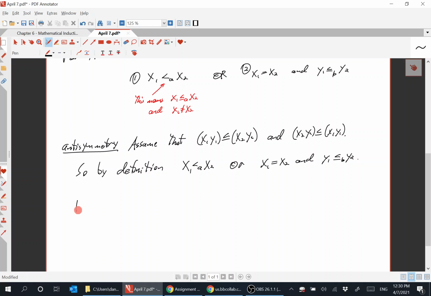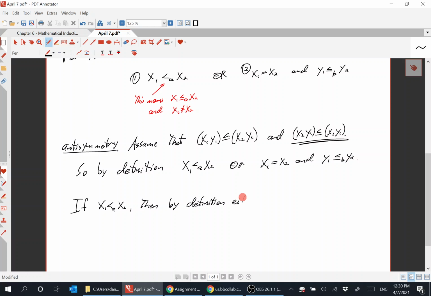Well, if x1 is less than x2 in the partially ordered set A, then by definition, same thing here, right?